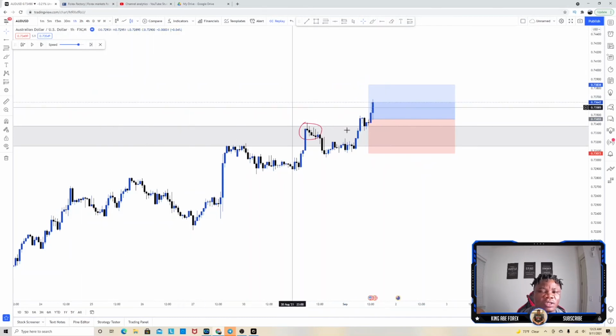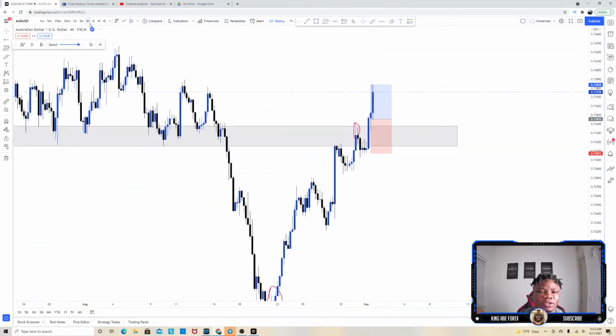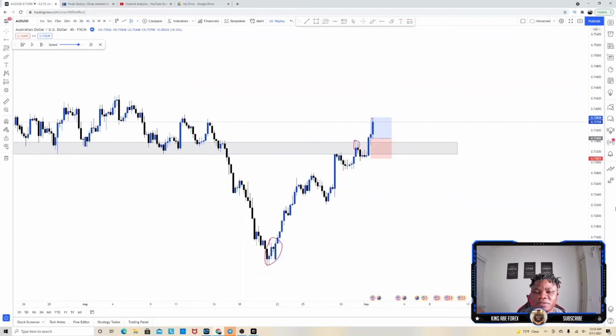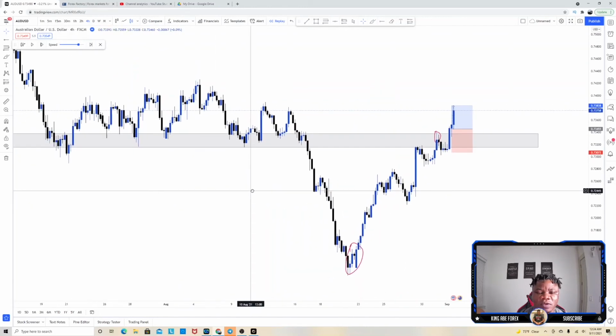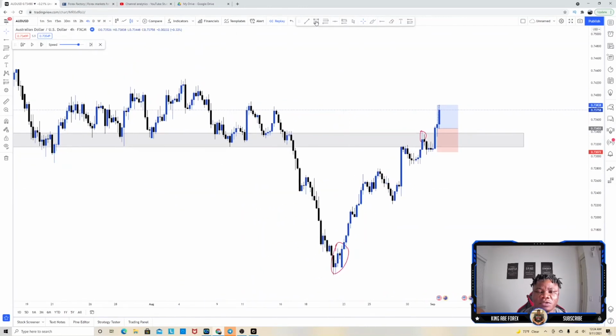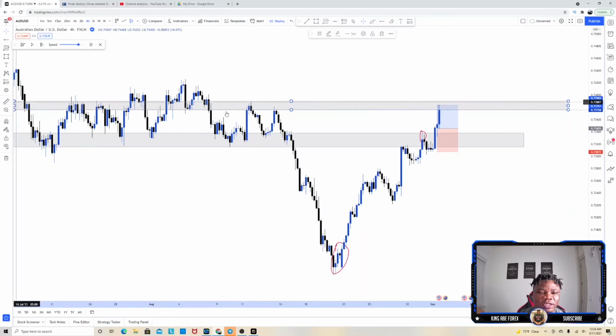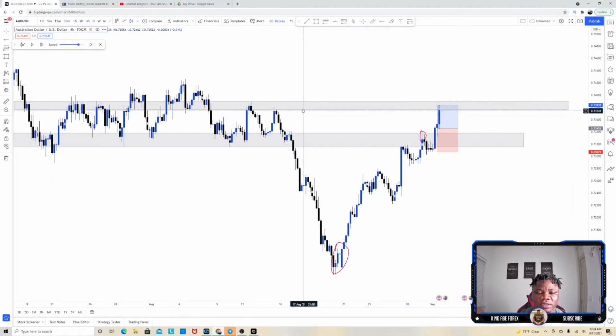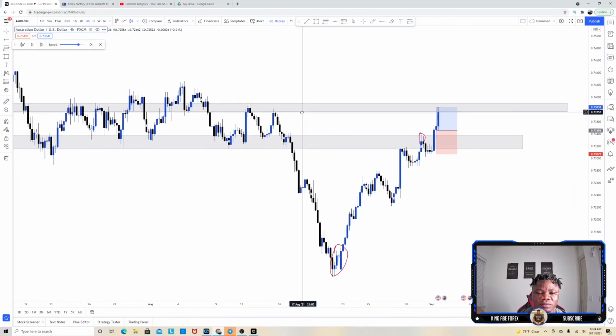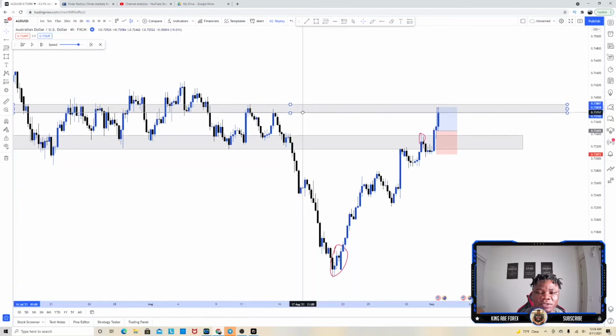Now for our take profit, we just got to go to the 4-hour time frame, and looking at this on the 4-hour time frame, I know for sure I could target this zone here, because we're trading from zones to zones. I want you guys to always remember that we're trading from zones to zones. I can target this zone right here because we had a rejection here, making this a resistance zone.